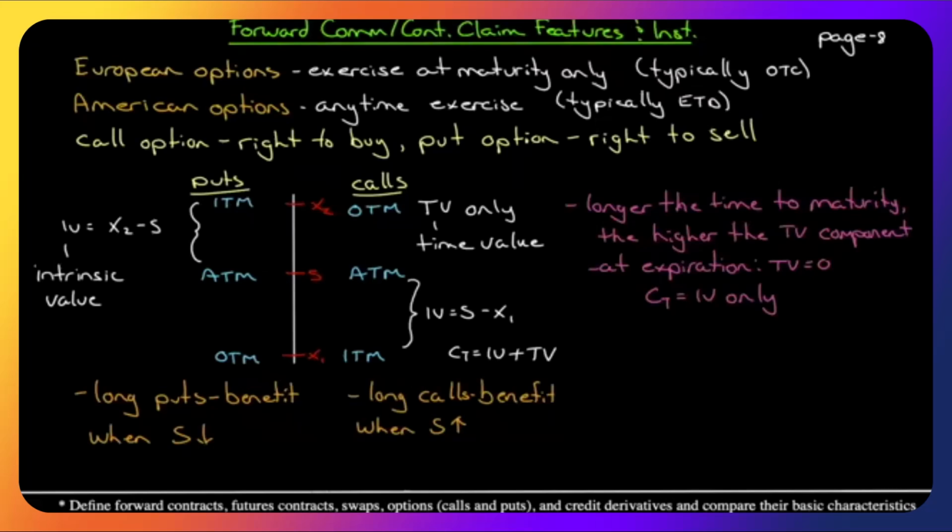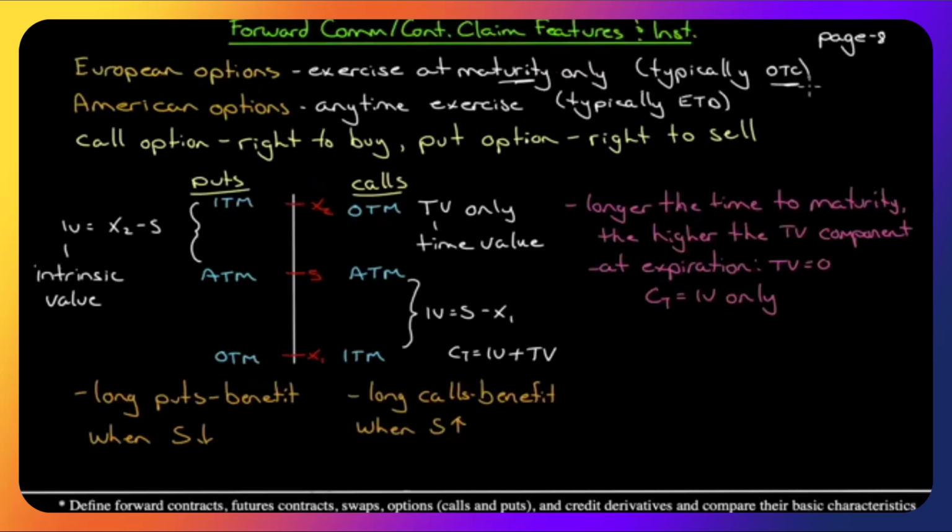Okay. Options can be classified by type, European and American options, and it has nothing to do with geography. It has to do with the way they can be exercised. European options simply mean an option that can only be exercised at maturity. You can't exercise it before maturity.